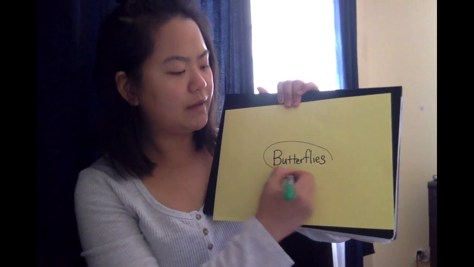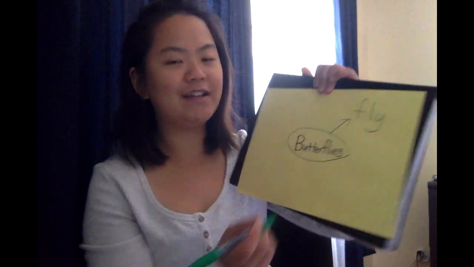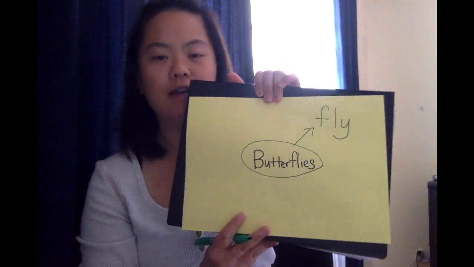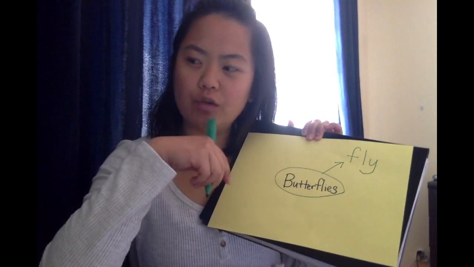So I draw a little circle over here. And I can say, a detail I would like to add is that butterflies fly. Right there. Now let's think. What else do butterflies do?